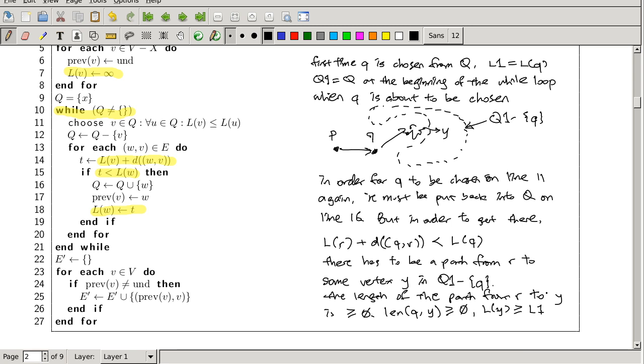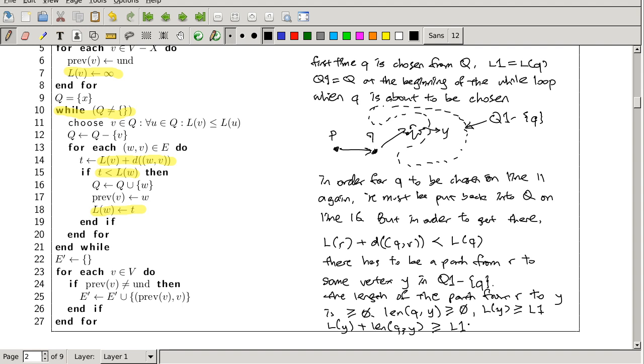But when you add up L of Y and the length of the path from Q to Y, this is still at least as much as L1, which was the original value of Q when it was first put into uppercase Q, or when it was chosen the first time.